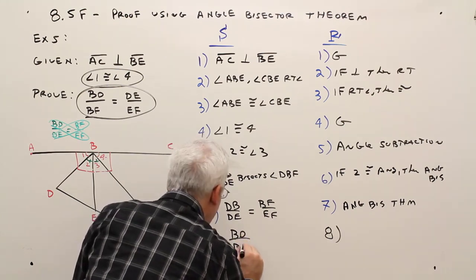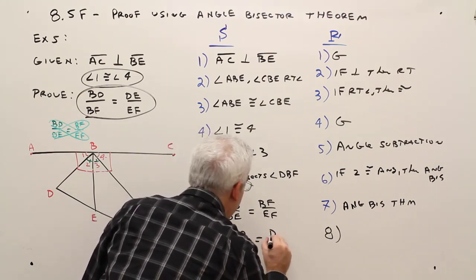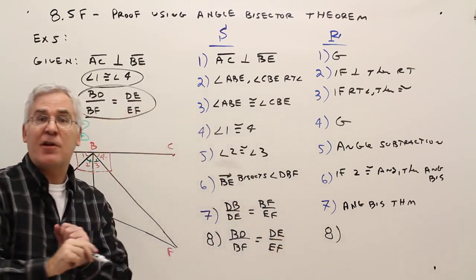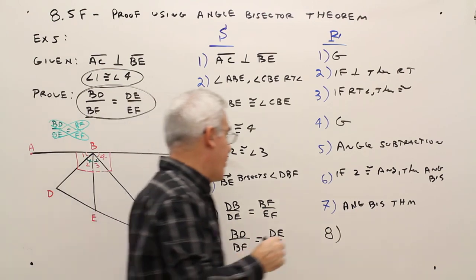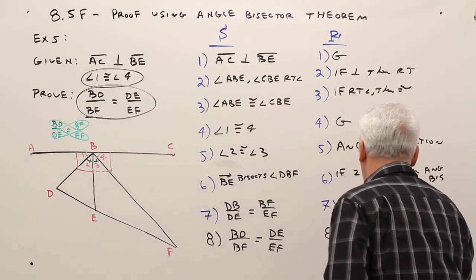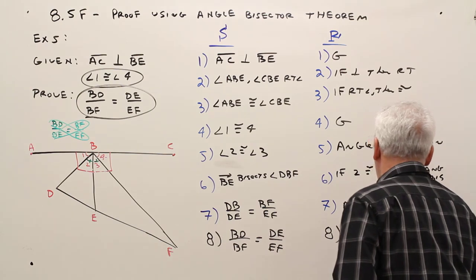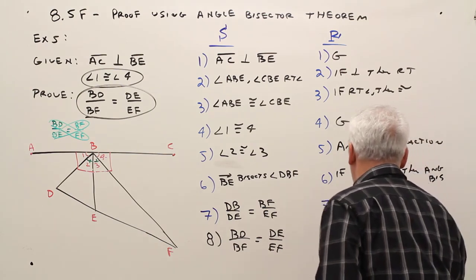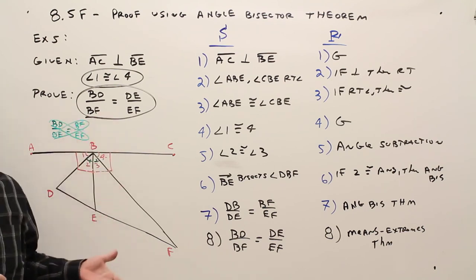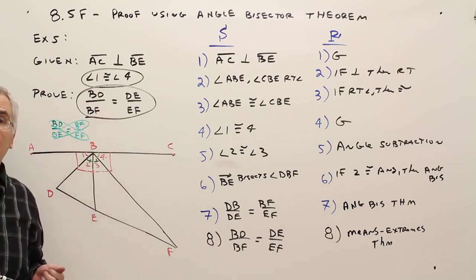BD over BF equals DE over EF. And that's going to be the means extremes theorem. So there you have it, how to use the angle bisector theorem in a proof.